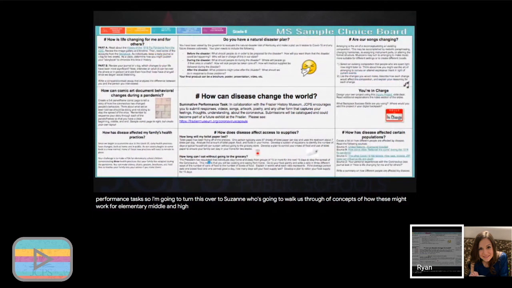And so what you can see here from the elementary, for example, math task where students are looking at a map and they have a little T-chart there with some data. And then if you look down in the very middle bottom task, how does disease affect access to supplies? Here we have a supporting question that clearly feeds that compelling question in the middle.